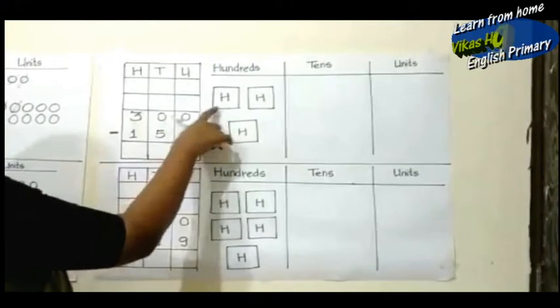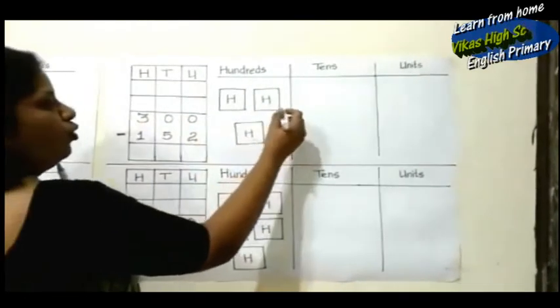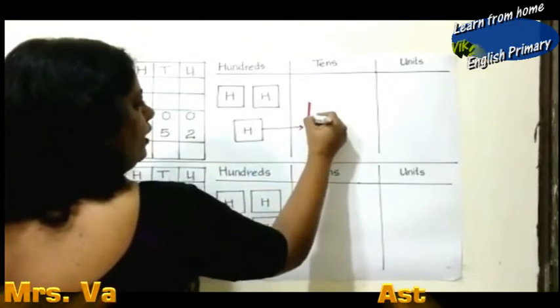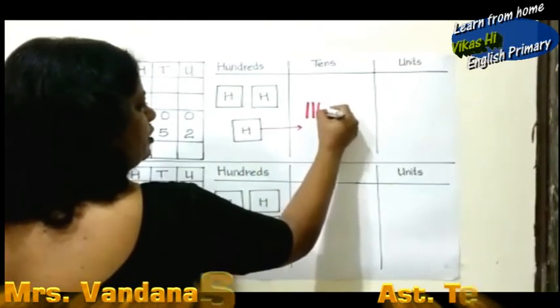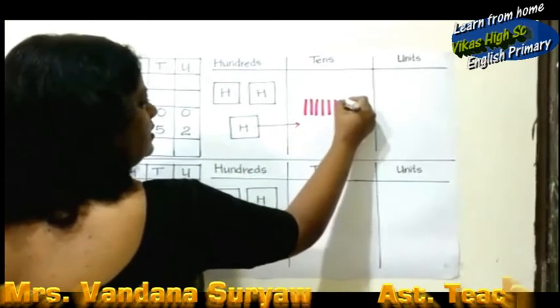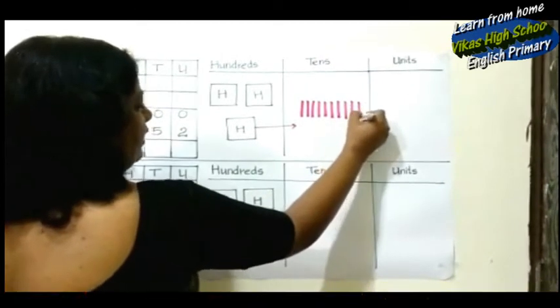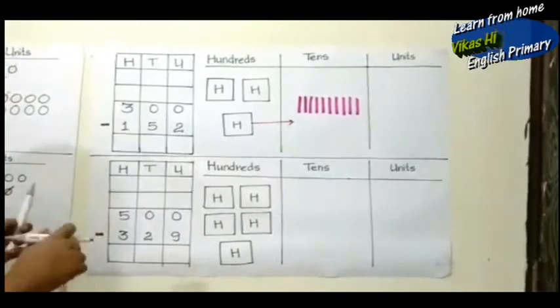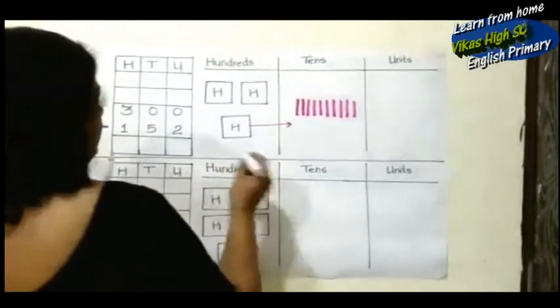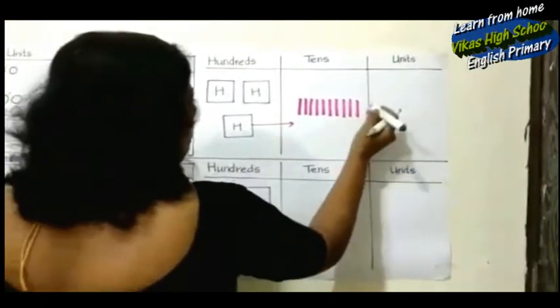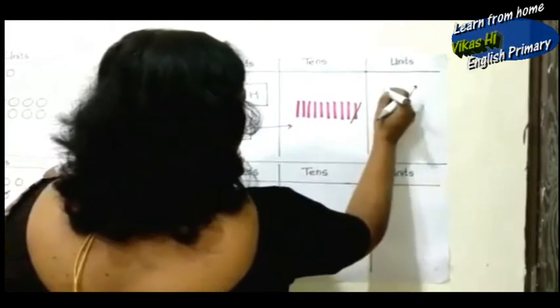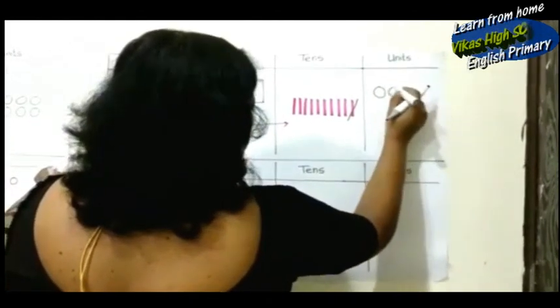So from this 300, when we borrow 100, it turns into 10 tens. So 1, 2, 3, 4, 5, 6, 7, 8, 9, 10. And from this tens, when we borrow 1 tens, it becomes 10 units.